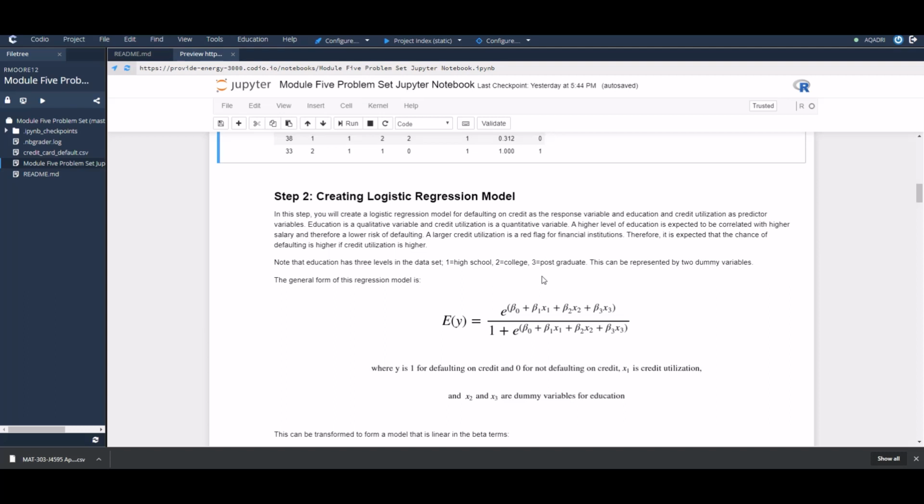But what is different this week is the general form of the regression model. Okay, so you've so far been working with a linear function for modeling quantitative variables. So if you recall, the quantitative response variable was always a linear function of the predictors, right?